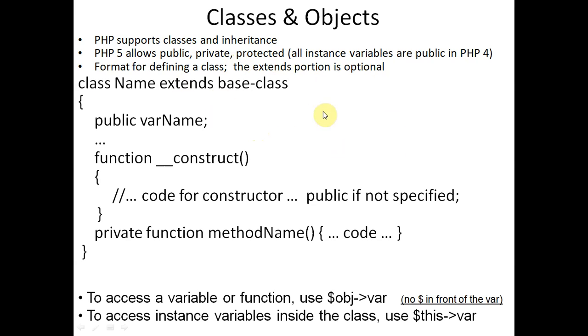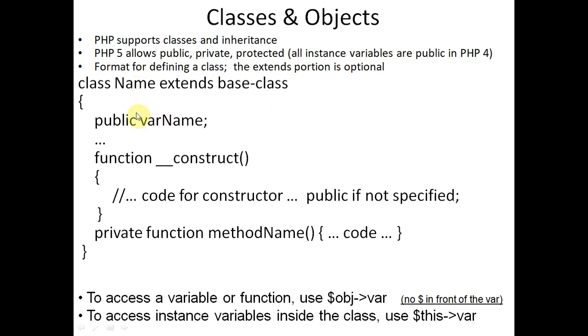You can see this is the format of defining a class, and the extends keyword is used to extend from the base class. So we are inheriting this base class in the name class. This is the parent class, and name is the child class.